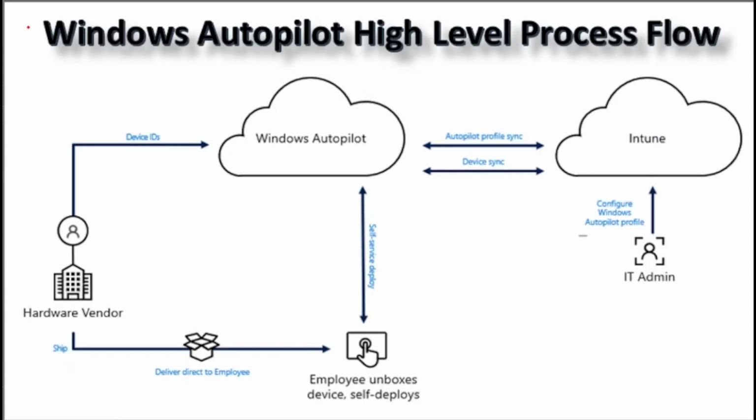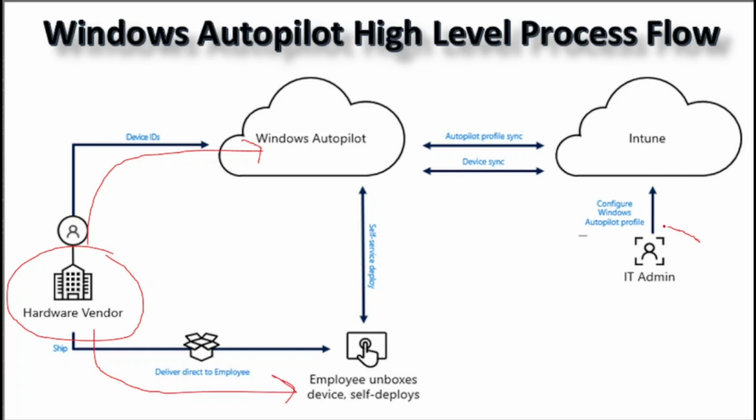Now let's discuss the Windows Autopilot high-level process flow. This is a 1000 feet overview of the Windows Autopilot process. We know that in an Autopilot process, we have mainly three key players involved. The very first one is the hardware vendor, who uploads the hardware hash in Windows Autopilot services either via OEM APIs or via the Partner Center portal, and then ships the device directly to the end user.